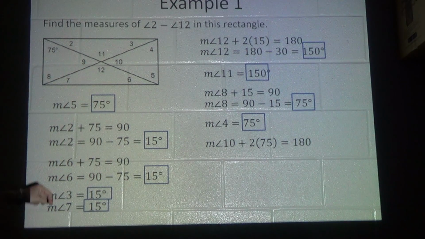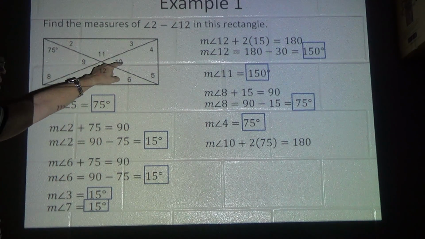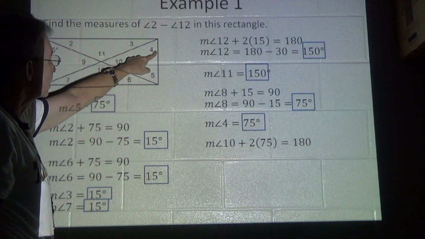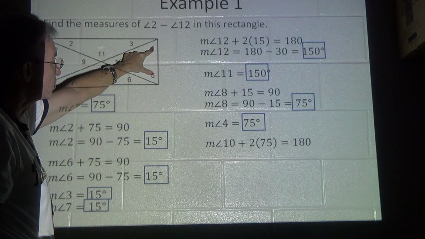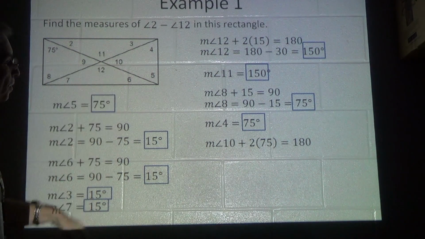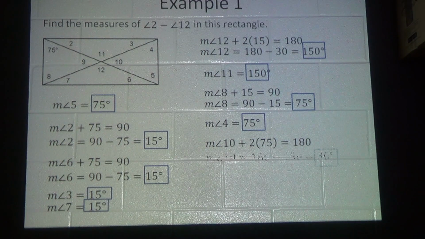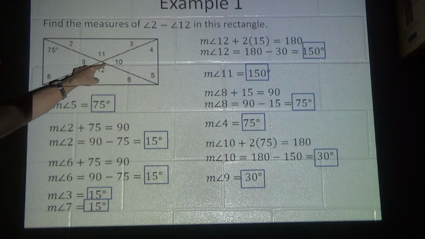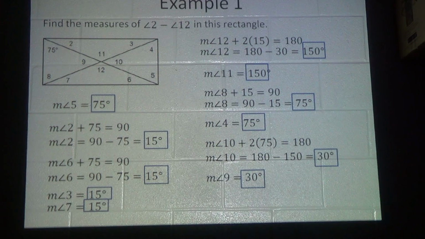The measure of angle 10, this one right here, is found from these 3 angles added up. I know that both of these are 75, and all 3 of those angles have to add up to 180 because it is a triangle. So this gives us 30 degrees here. Angle 9 has to be 30 degrees because it's a vertical angle to angle 10. So you have to use all these angle pairs over and over again for stuff that we're going to be doing, especially with parallelograms.